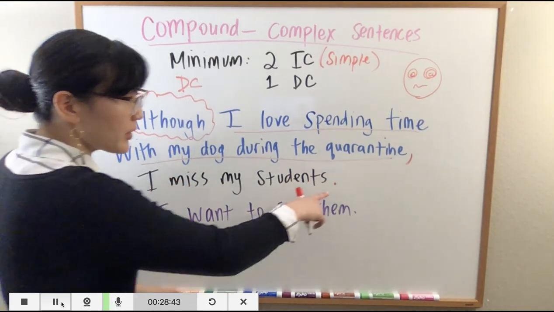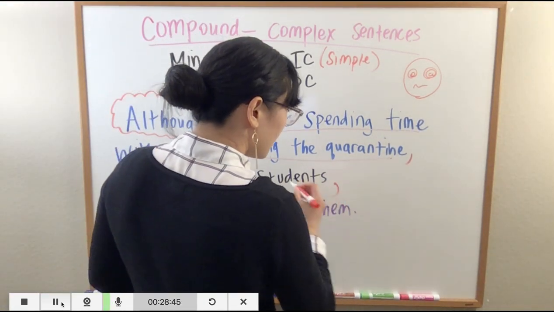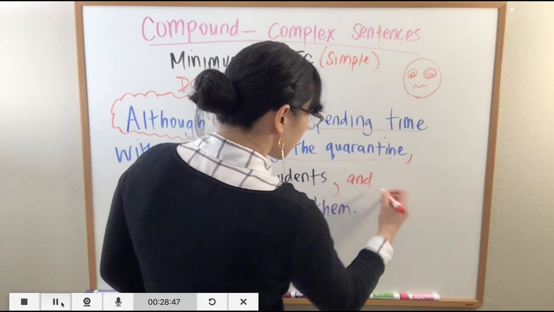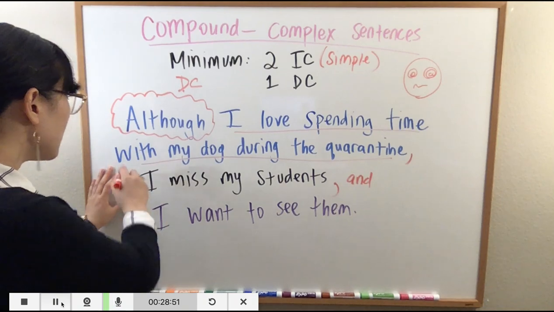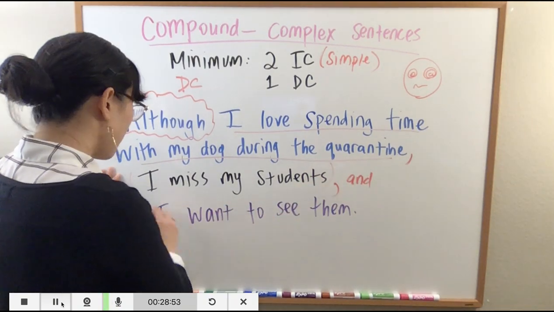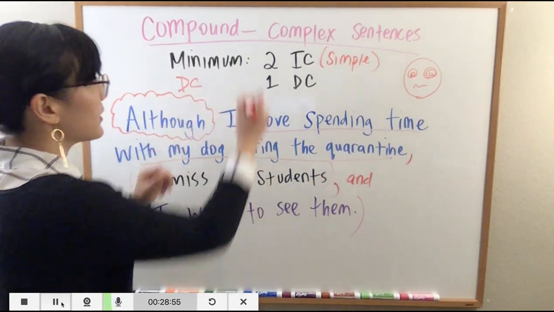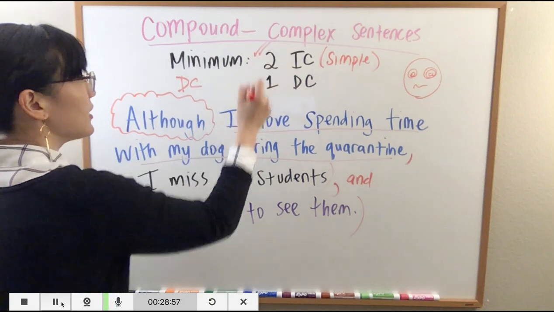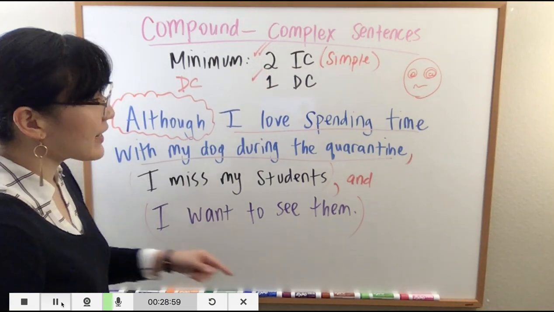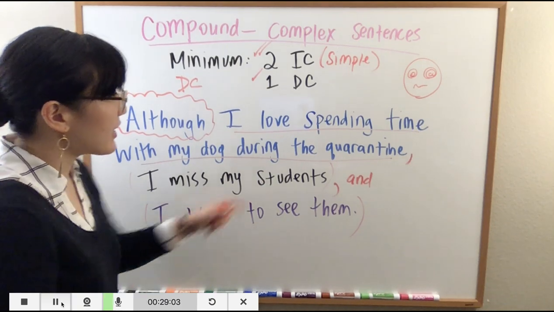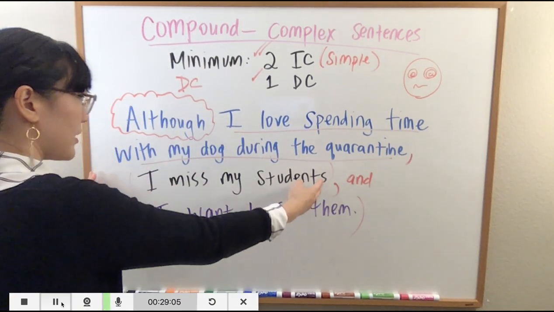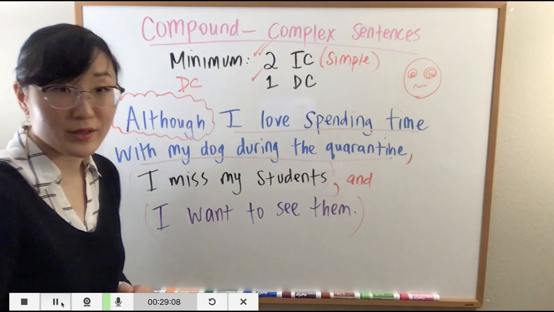So instead of putting a period here, I'm going to put a comma and a FANBOYS: and I want to see them. So now I have two independent clauses, check, check. I have my dependent clause, and I have the correct punctuation to tie them all together: dependent clause, comma, independent clause, comma, FANBOYS.